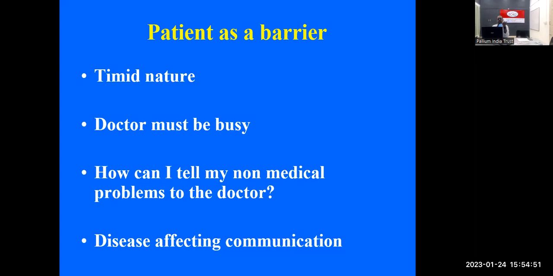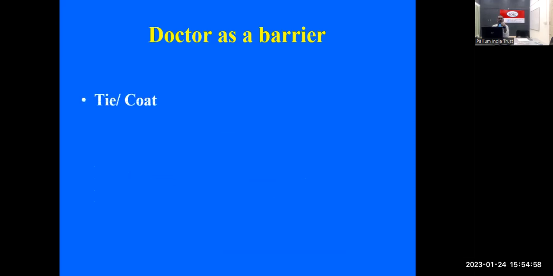And can you be a communication barrier, doctor and nurse? So our appearance itself can be a barrier. A person with a tie and a coat, the patient might think, okay, it's a very big doctor, we cannot speak anything to him. And our uniform itself can be a barrier.